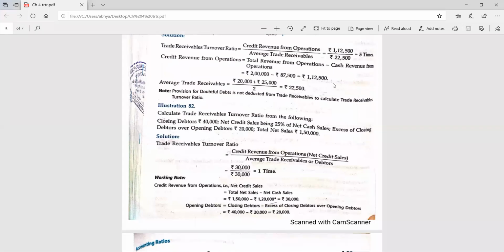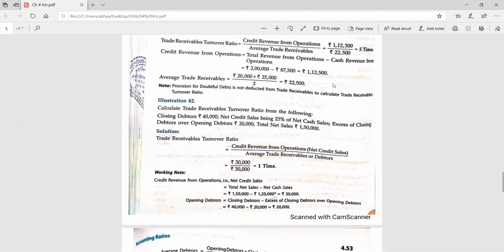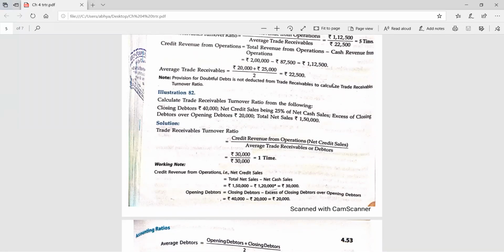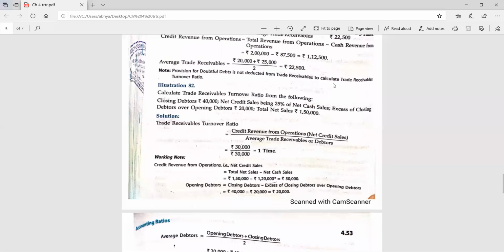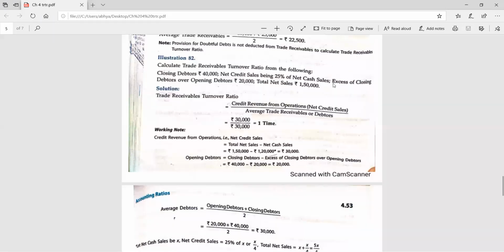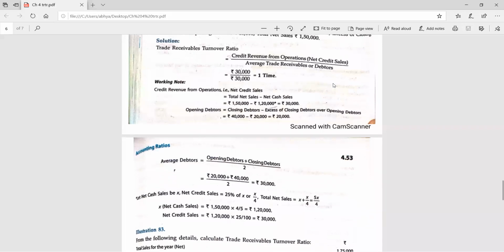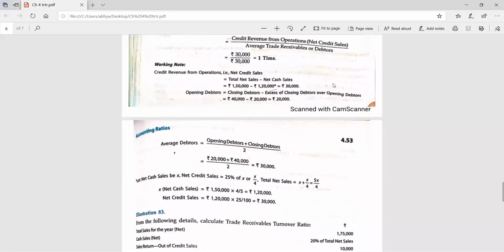Total net sales are 150,000 and with cash sales of 120,000, we will be able to find the net credit sales. Total net sales 150, net cash sales by making the equation 120, and the answer is 30,000. Here you can see that by taking X, they have solved the question.